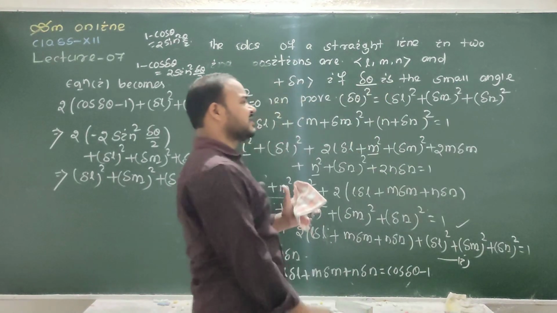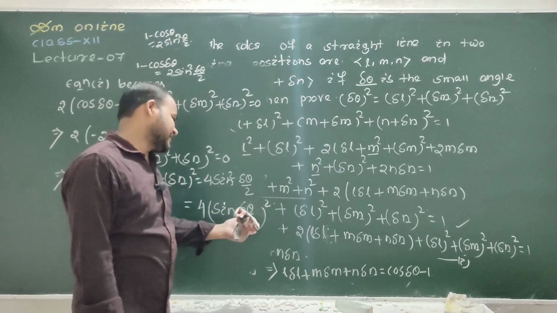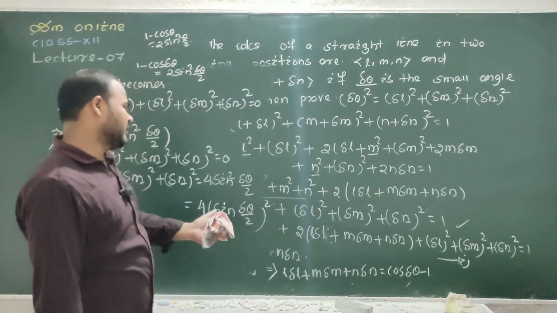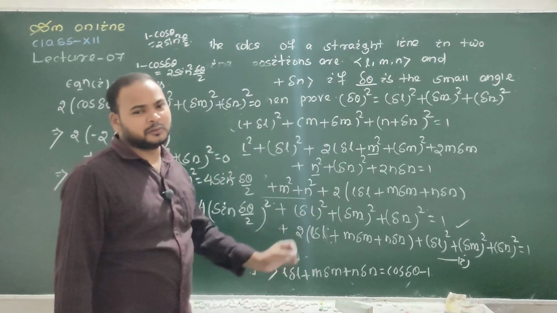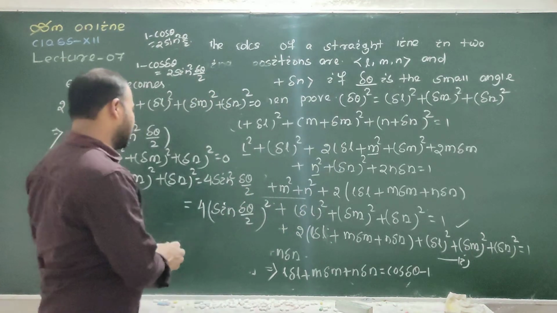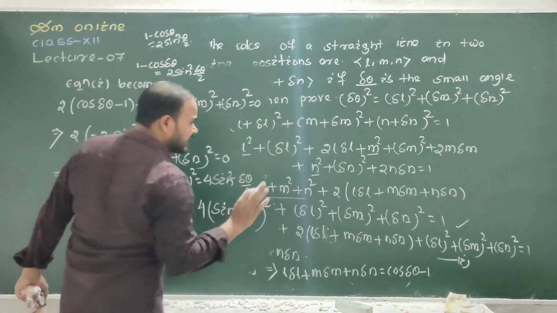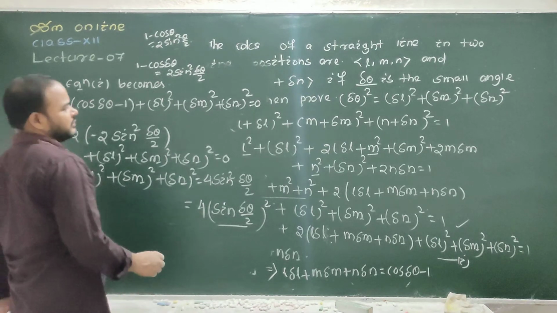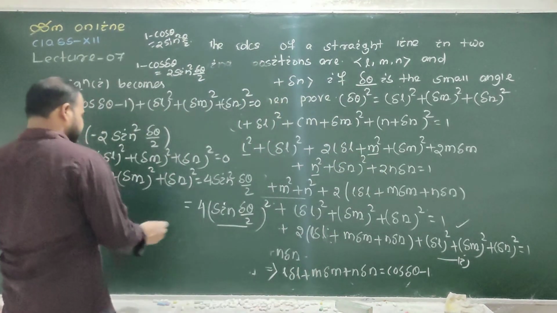Del theta is a small angle. Okay, so if del theta is a small angle, then sin del theta by 2 is negligible. Okay, so we replace here sin del theta by 2 by only del theta by 2. Because del theta is a very small angle, so this sin del theta by 2 is reduced to what? Del theta by 2.